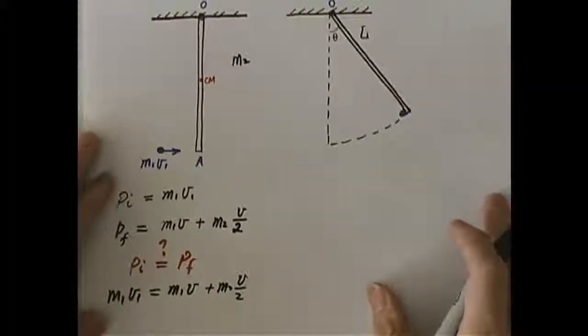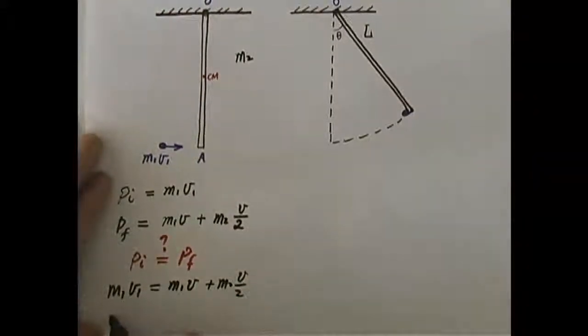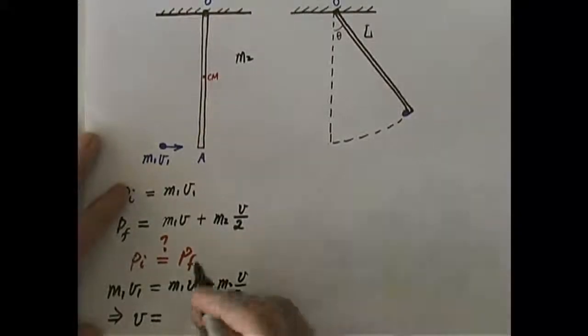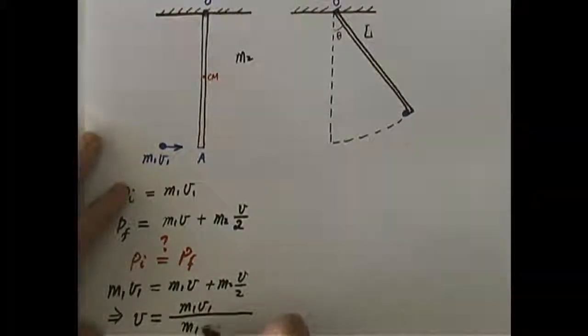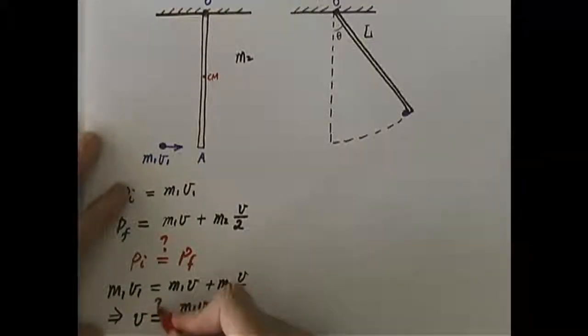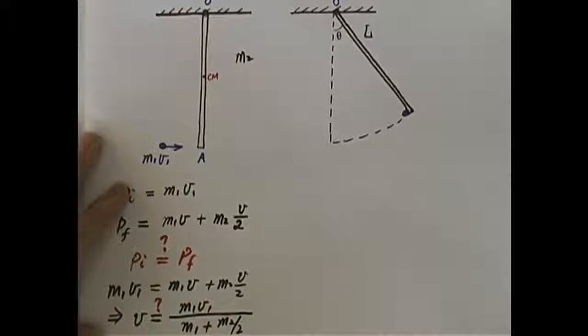And that would tell me that the final speed v is equal to m1 v1 divided by m1 plus half of m2.